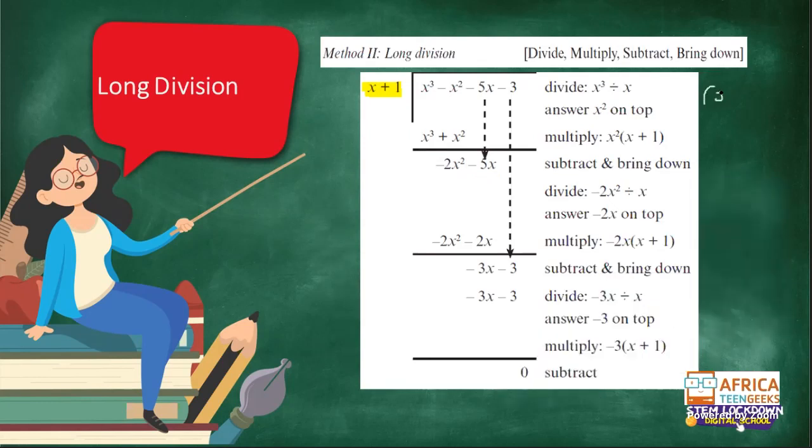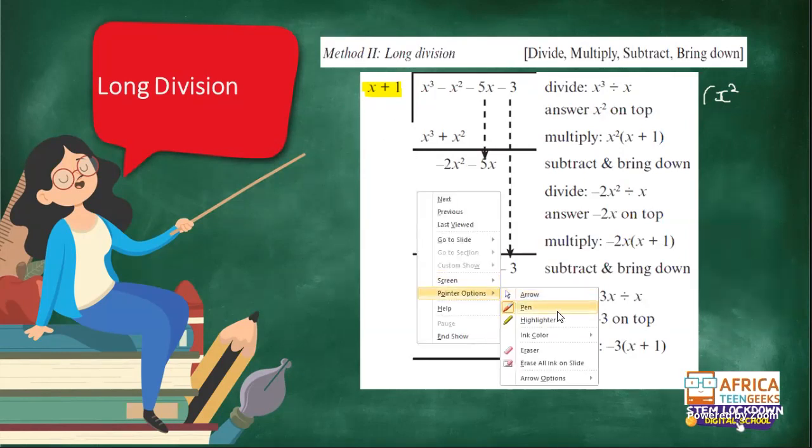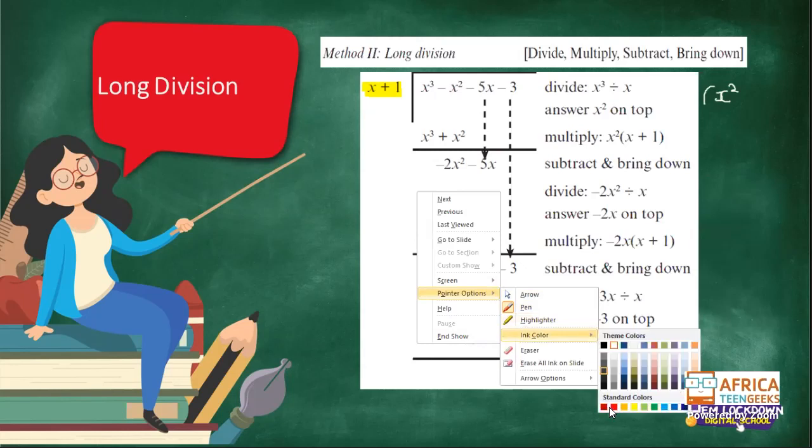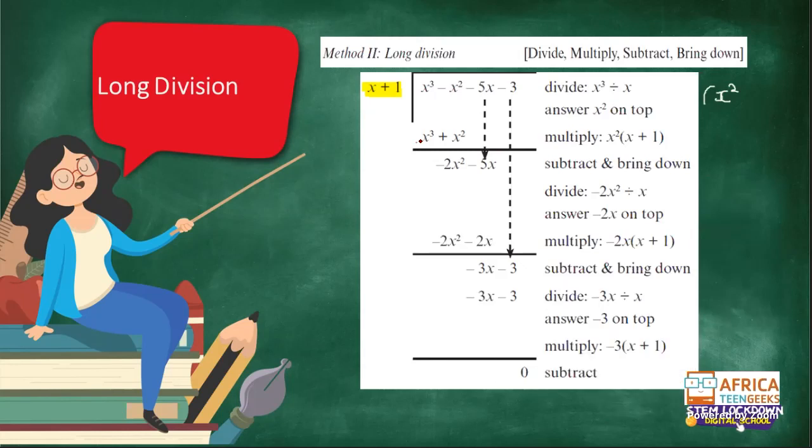So you will have x squared, and then you say x squared times x, then you get x cubed, and then you say x squared times 1, x squared.